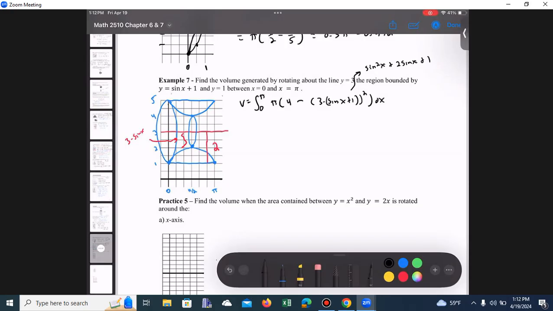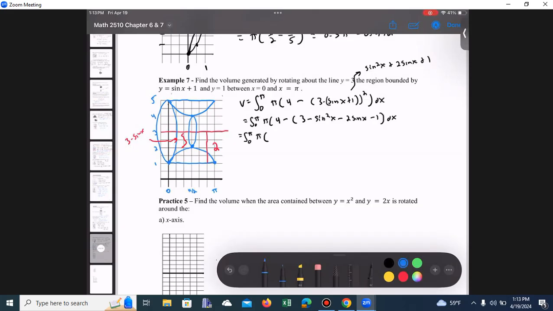So we'll write this out. 0 to pi, 4 minus 3 minus, and I'm going to subtract each of these so I don't have to distribute the negative sign again. So sine squared x minus 2 sine x minus 1 dx. And then we can put this together, 0 to pi.